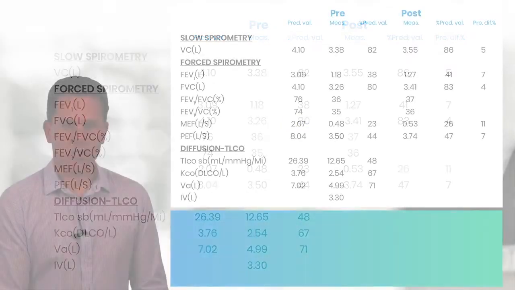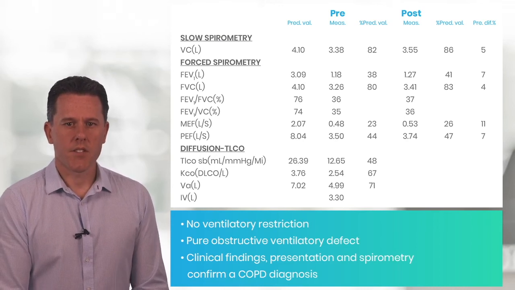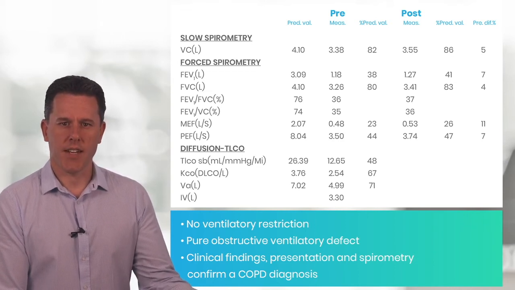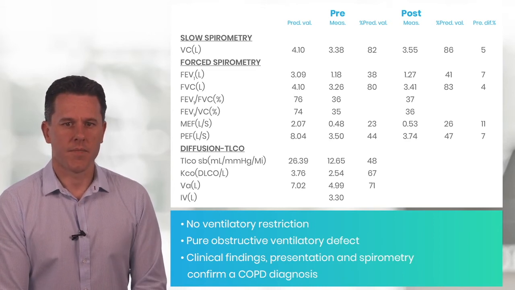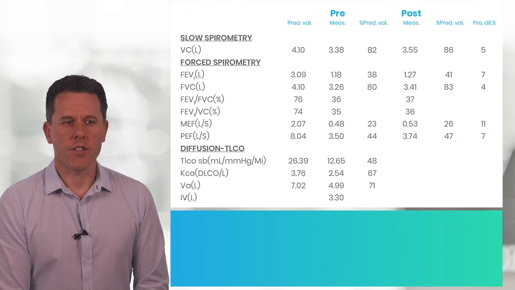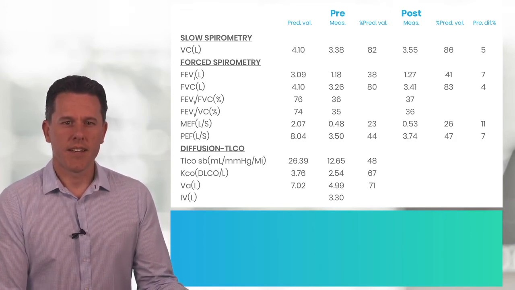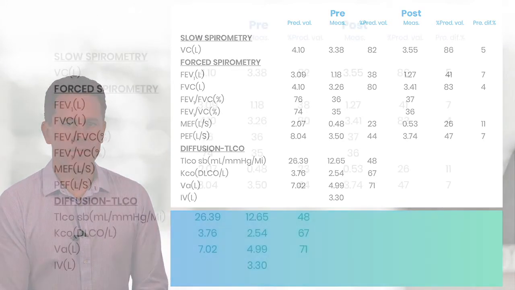So there's no ventilatory restriction, so this patient has pure airflow obstruction. So already we can diagnose this patient as having COPD. The clinical findings and presentation are consistent, and the spirometry confirms the diagnosis. Because we have to remember that although the clinical presentation was very consistent with COPD, we can't diagnose COPD without confirming that there is airflow obstruction.